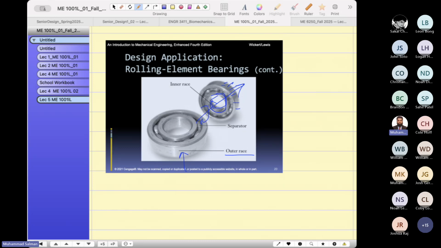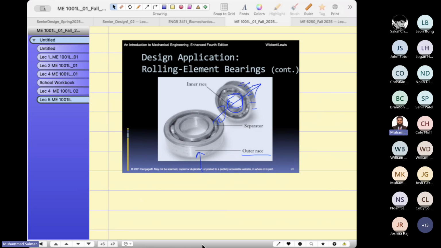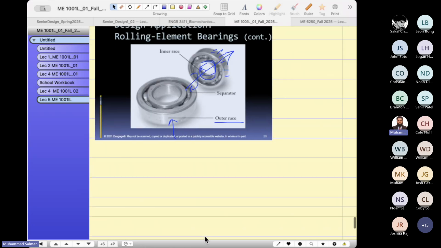They are roller bearings and they have very low friction. Some of the technical terminologies are written here: outer race, outer ring, inner race, inner ring, and separator is this. And sometimes you don't see any bearings.